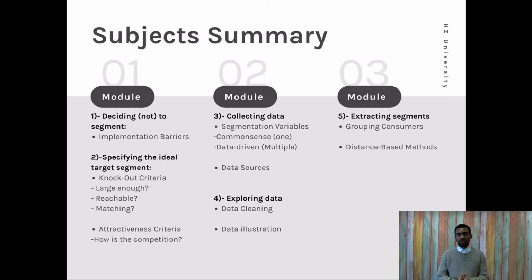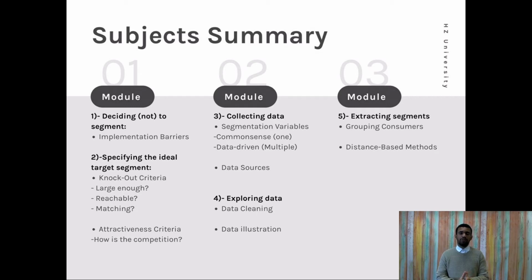The issue that a company might face during this period is that they might have barriers to implementing market segmentation. So it's very important for us to ask ourselves before going for market segmentation: are we ready? Do we have the right team? Do we have the right people? Does the communication between the company employees share the same target?